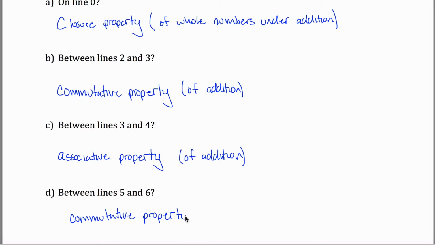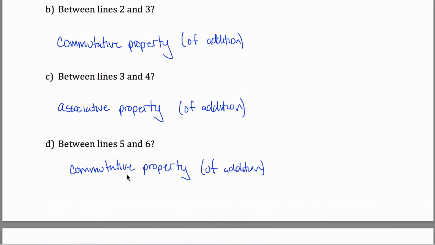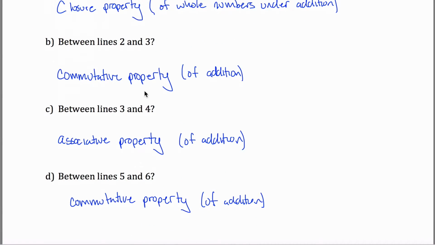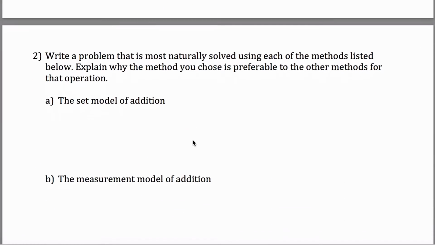Again, just like it was above, and it's still of addition. And I guess that's all I got to do. I go through and finish the problem. I say 6 and 4 gives me this 10 here, and 110 and 10 gives me this 120, and I get the 121. But frankly, you don't care about all of that because you've answered all of the questions.